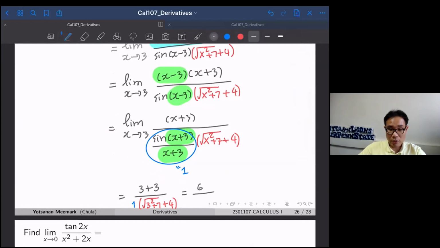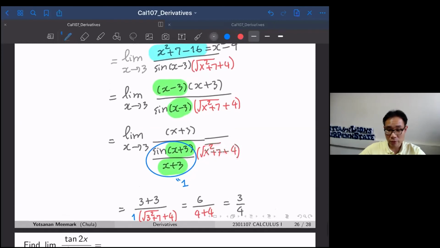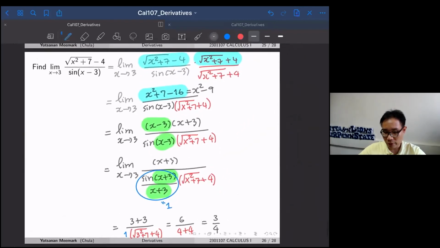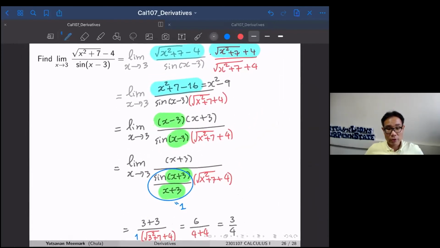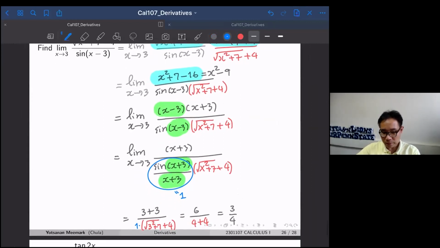You get the square root of 16, so it's 4 plus 4 on the bottom, so it's 3/4 for the final answer. So this one was the limit as x goes to 3, where you need to multiply by the conjugate to get rid of the square root and obtain the desired limit.